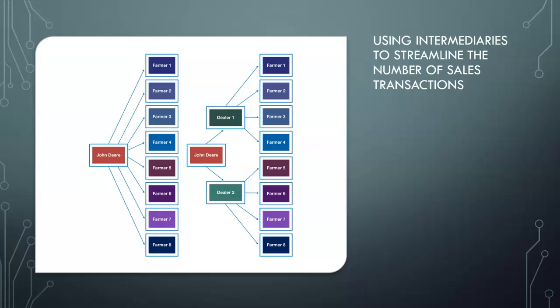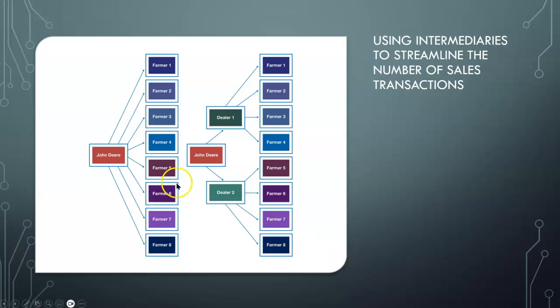So this is an example of using intermediaries to streamline the number of sales transactions. John Deere is a farming equipment company, and in order to get their equipment out there, they need to use a more efficient method than just their company distributing it out to each farmer.